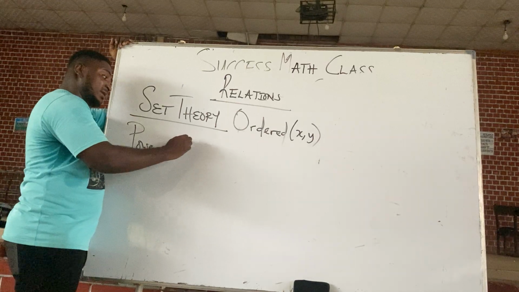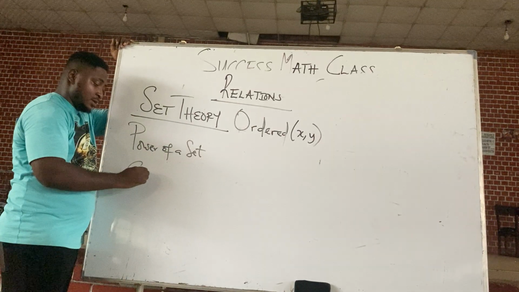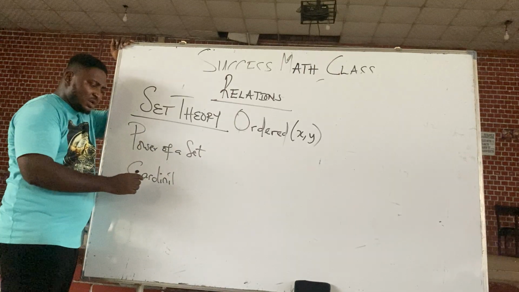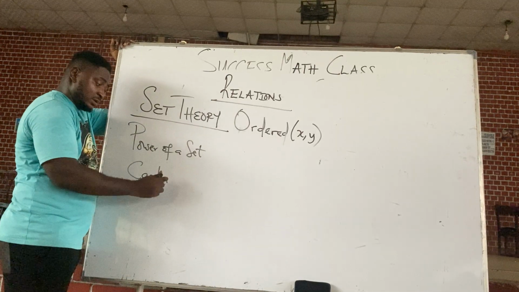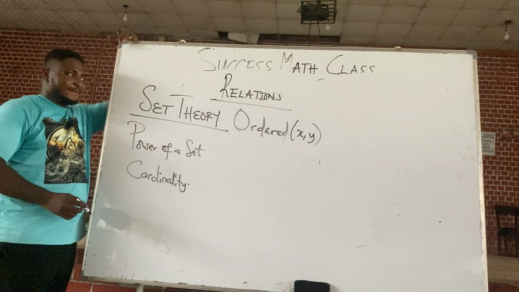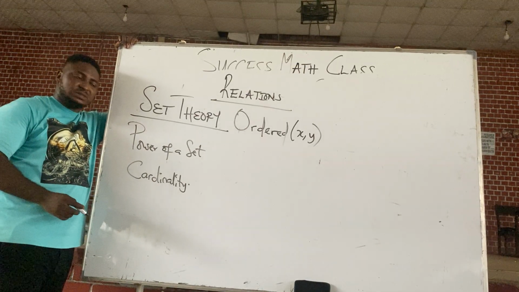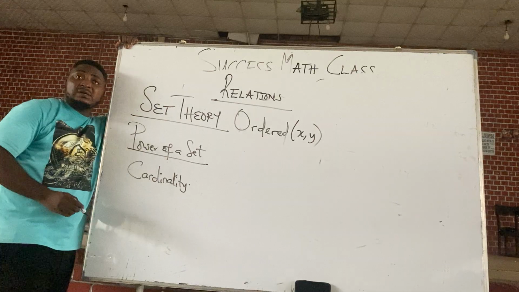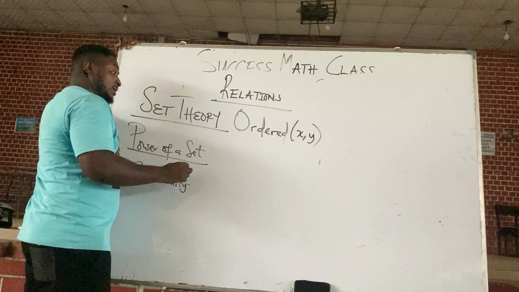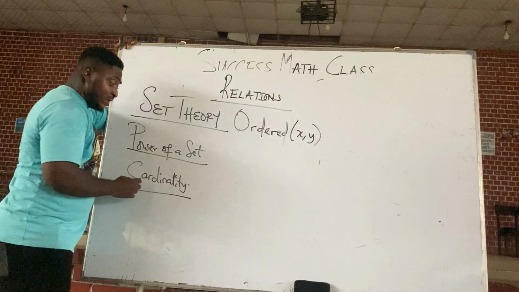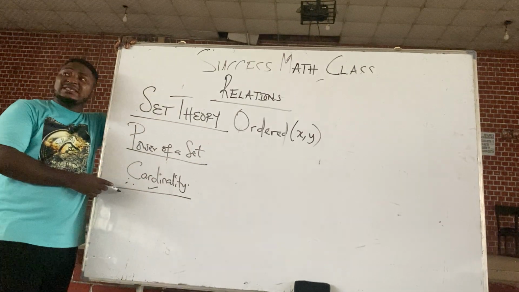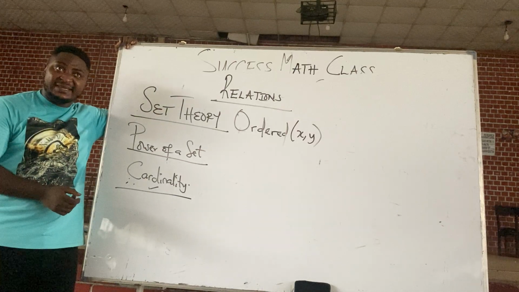The cardinality of a set is the number of elements that can be found in the set.